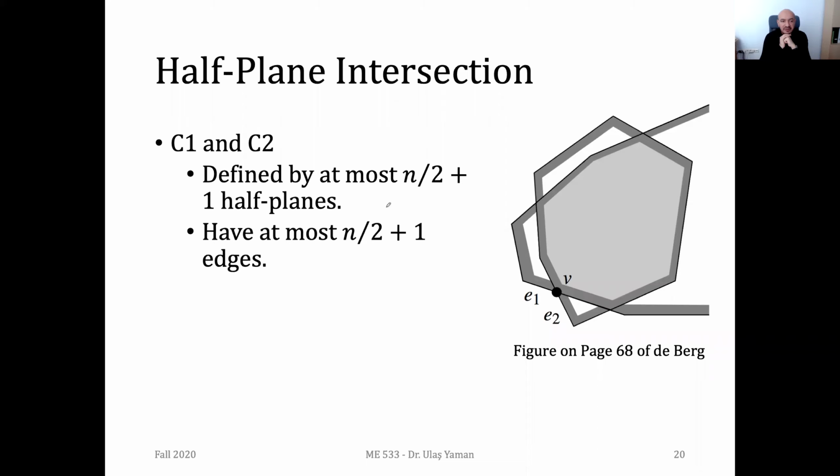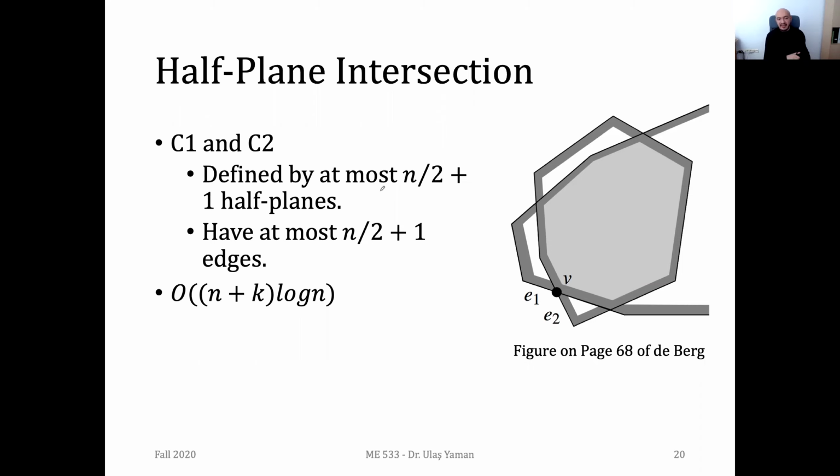If you remember, in the algorithm, we were dividing these regions into two halves. So assume that if you have n half planes, then at most this one might have n/2 plus 1 half planes. This is the maximum we can have. Now, we didn't discuss it, but in the literature there are algorithms which can compute the intersection of two convex regions in n plus k times logarithm of n.